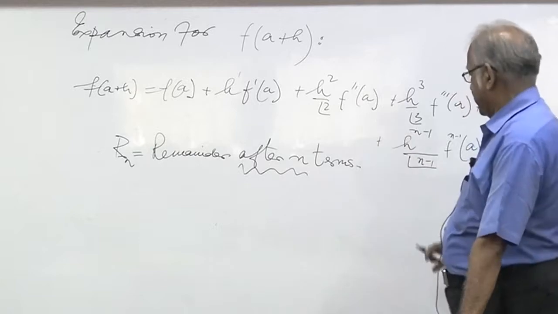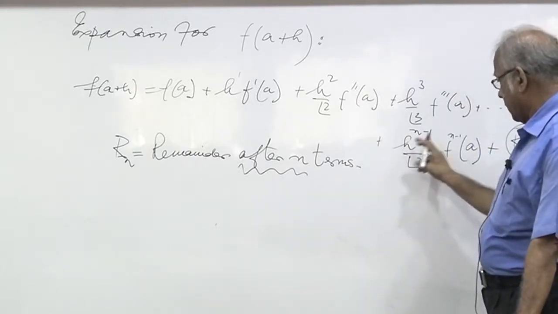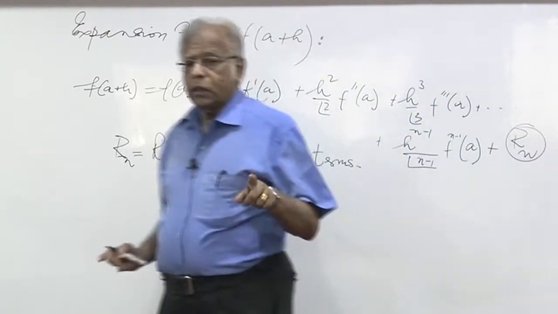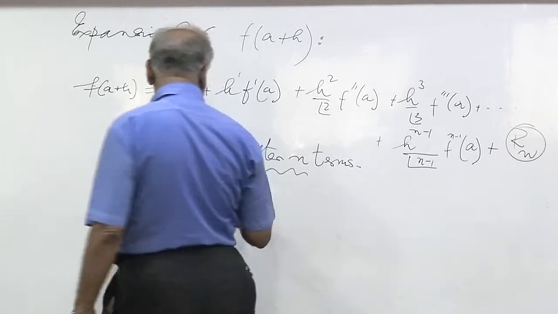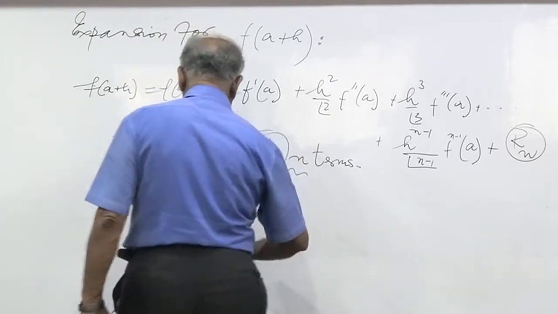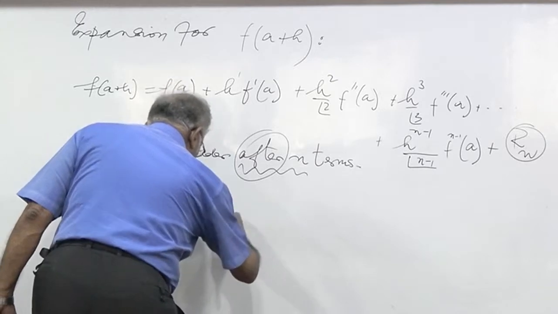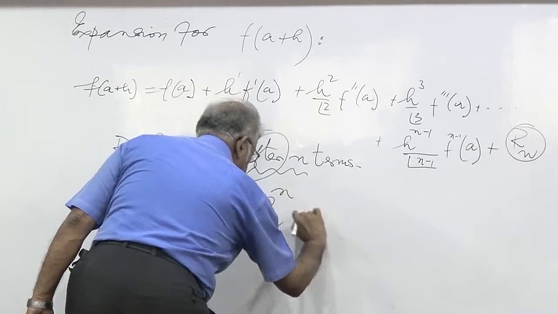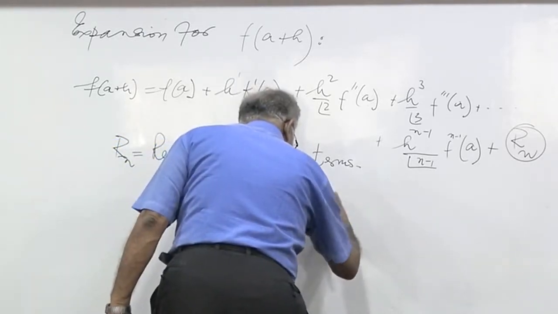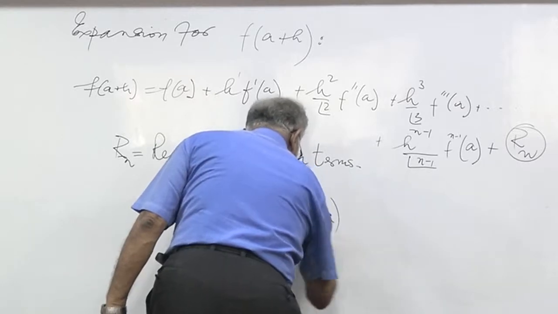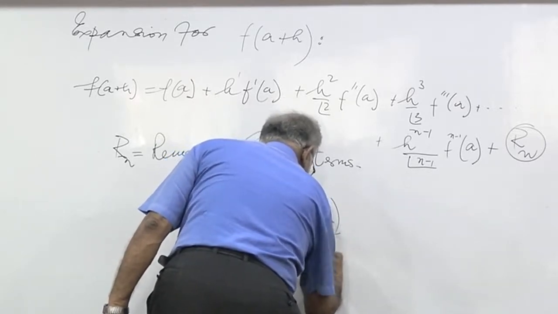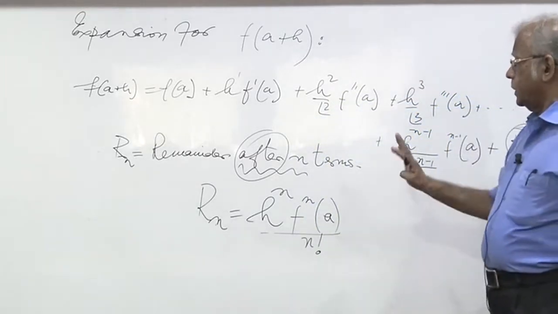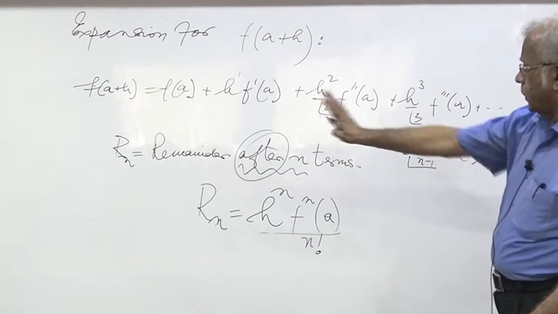So, going like that and by logical reasoning, this happens to be the nth term. Hence, R_n is the remainder after n terms. That is very significant. And following that pattern, R_n is equal to h to the power of n by factorial n, f^(n)(a). So, that is the remainder after n terms. It is very logically derivable from the way the terms are written down.